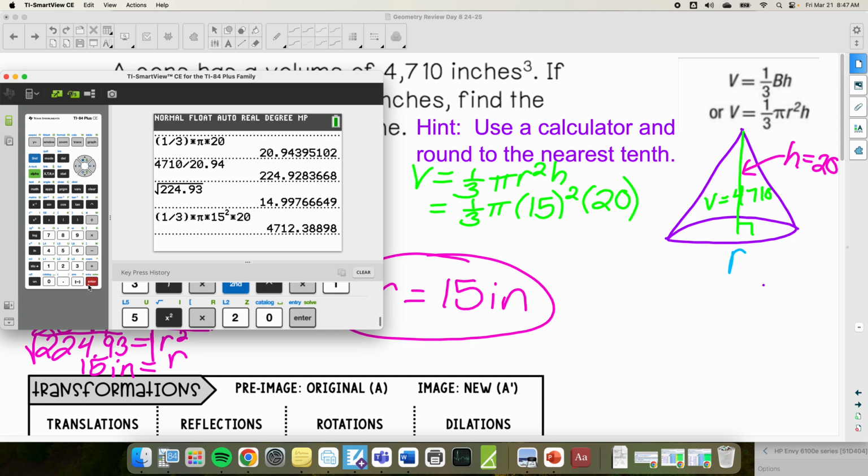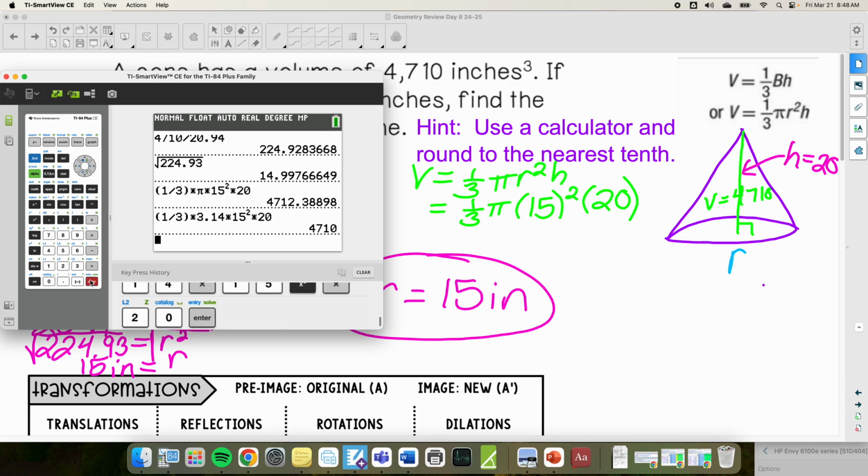And maybe if I did that same thing and I just went in where it was pi and changed that to 3, and then I'd have to insert a spot, 1, insert a spot, 4, and then I probably should have just deleted this, but anyway, let's clear that and let me try doing the whole thing. 1/3 times 3.14 times 15 squared times 20, and that is 4710.